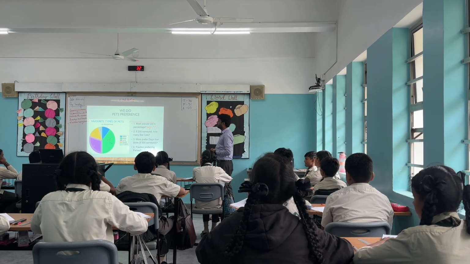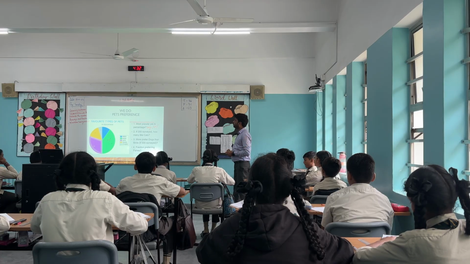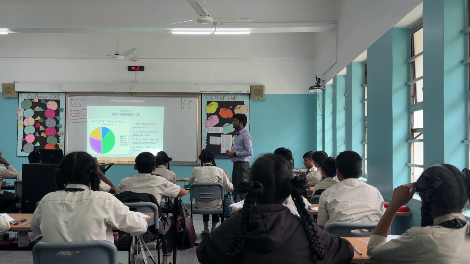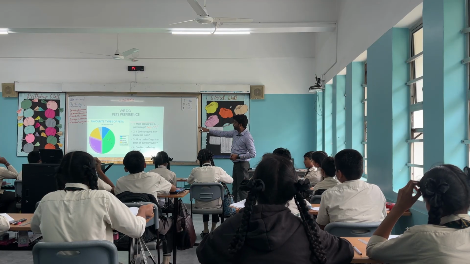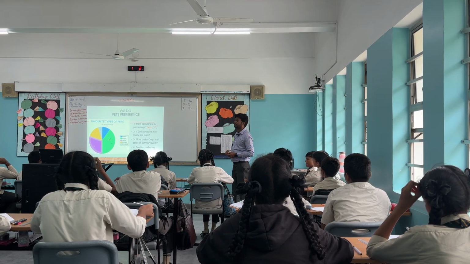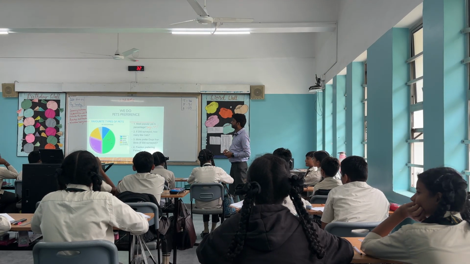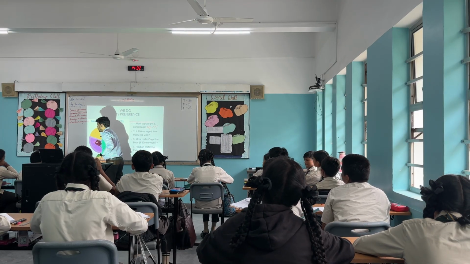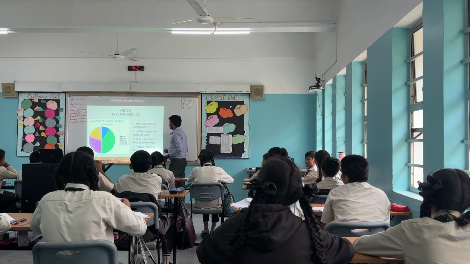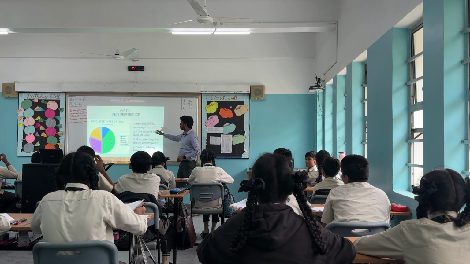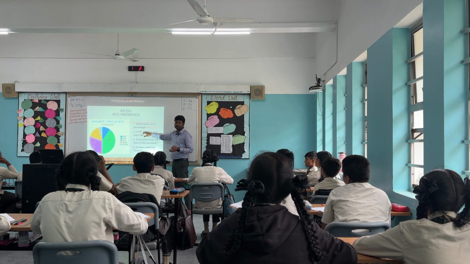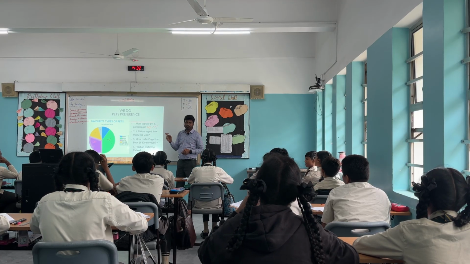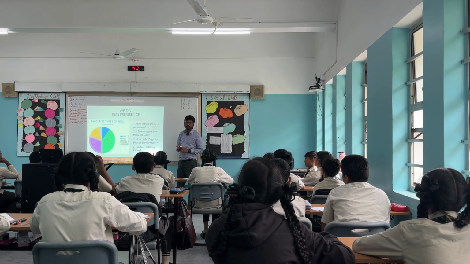If 200 are surveyed, how many like cats? What is the percentage of people who like cats? 30% of the people like cats. Now he is saying that if 200 people are surveyed, he is asking us to find how many people like cats.